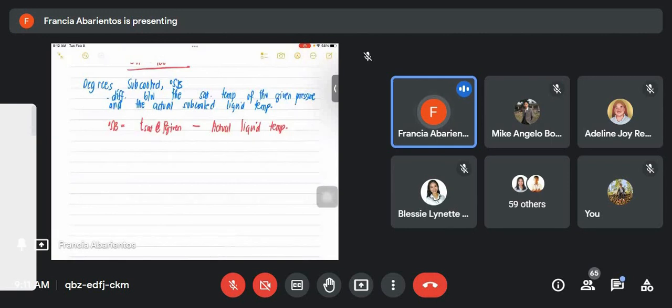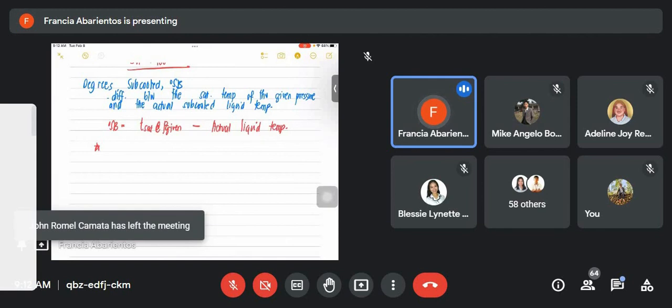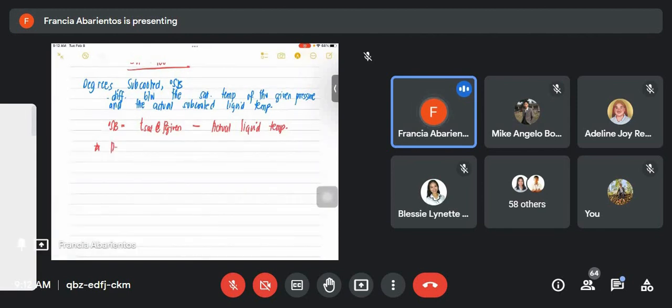So, for the degree of subcooling, for example, we determine the degrees of subcooling of liquid water at 90 degrees.